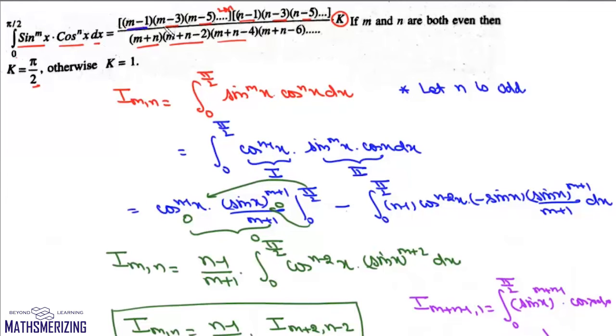It is m minus 1, m minus 3, m minus 5, 2 or 1, n minus 1, n minus 3, n minus 5, 2 or 1. And this is m plus n minus 2, m plus n minus 4. And this is k. If both of them are even, then in the end we'll have pi by 2. Or if at least one of them is odd, then we'll take this as 1.